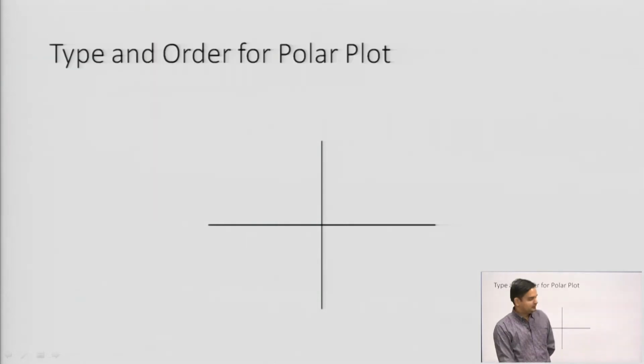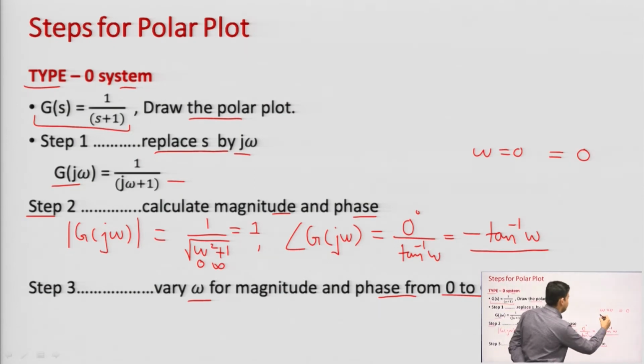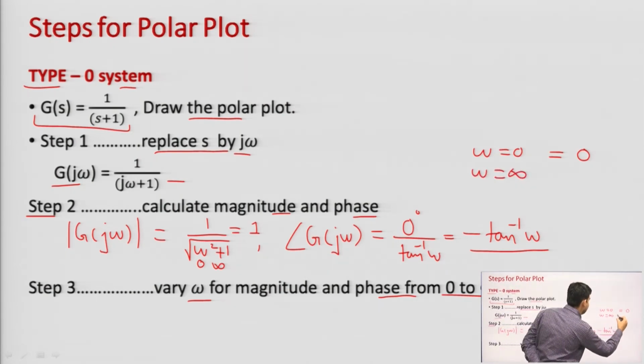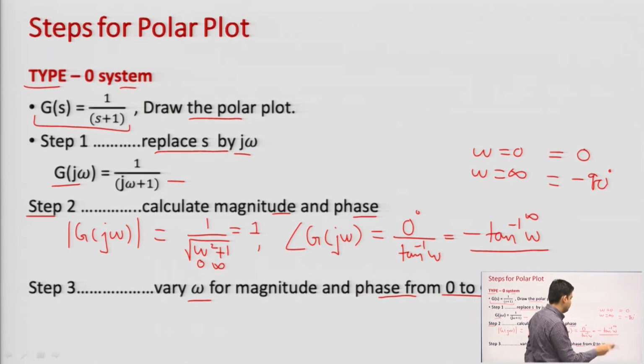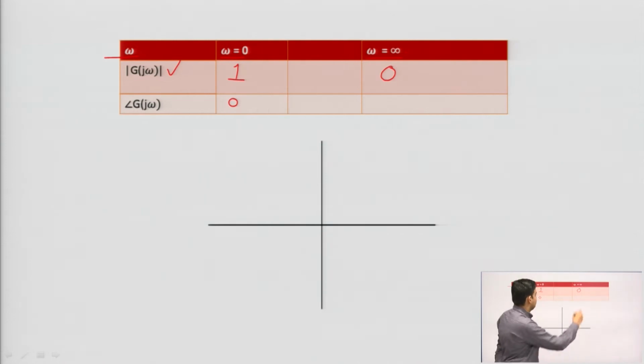If I put omega equal to infinity, I will get minus 90, since tan inverse infinity is equivalent to 90 degrees, and the minus sign is here. So, at omega equal to infinity my phase is minus 90 degrees.